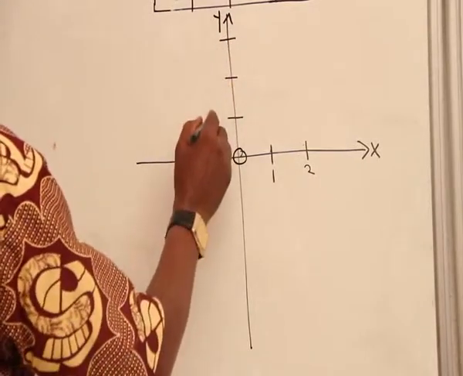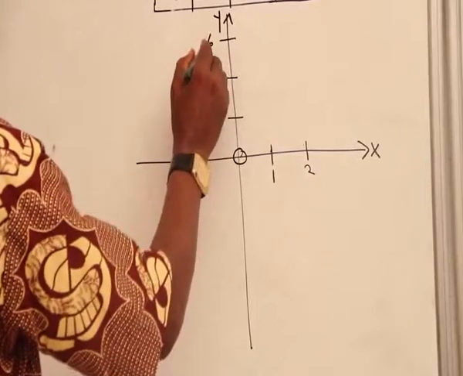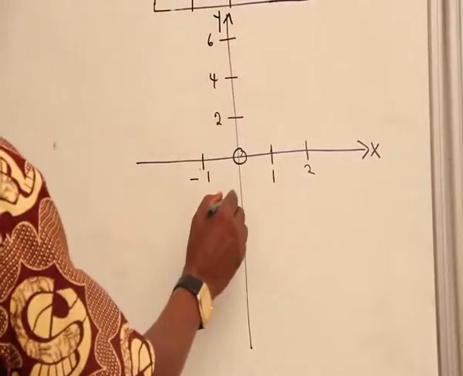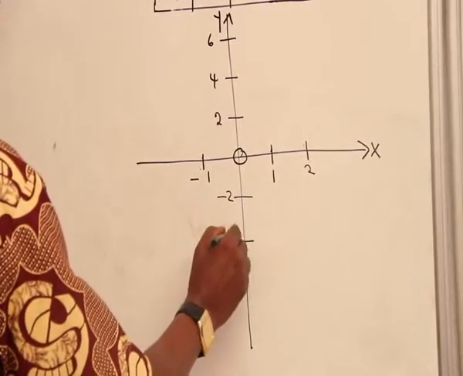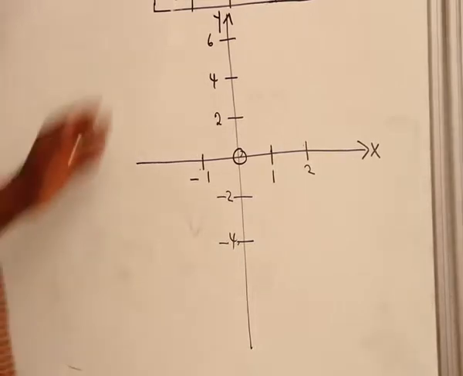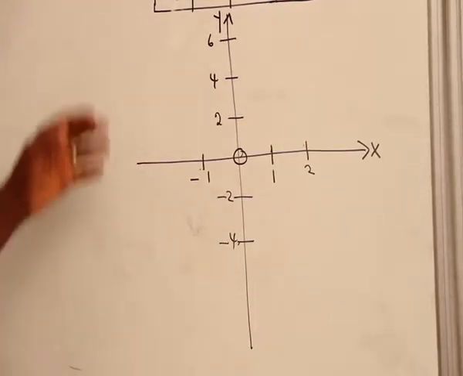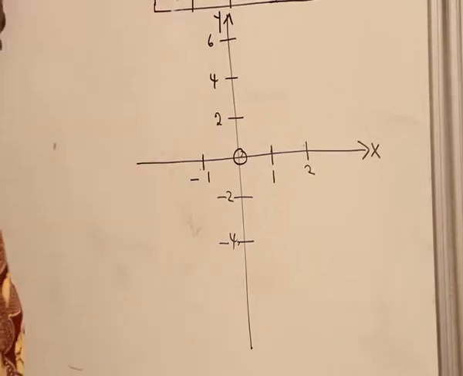So let's assume that this is your 2, your 4, and your 6. You can go on. Then we have your minus 2, and then your minus 4, if you wish to. Assuming this is an improvised graph, this improvised graph we are going to use to solve this problem.